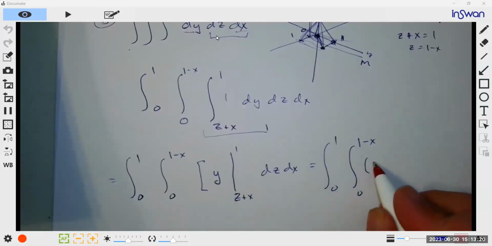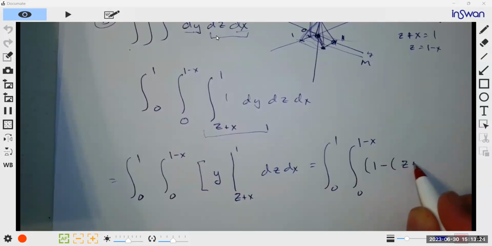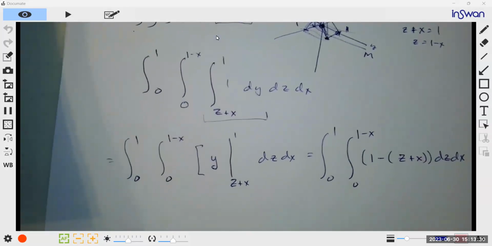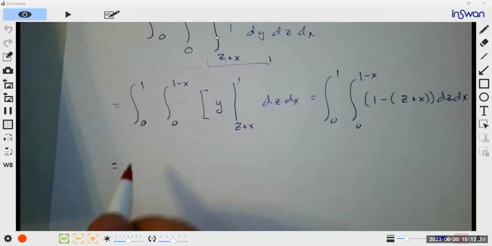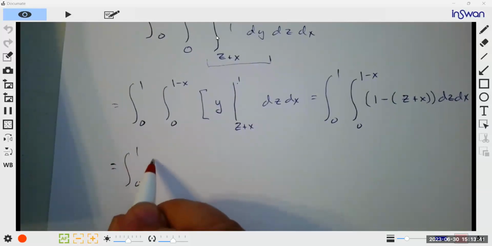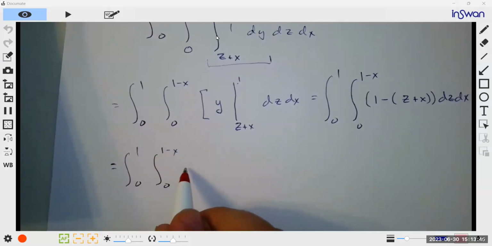Okay, so the first one is 1 minus z plus x, dz dx, from 0 to 1, and z from 0 to 1 minus x.